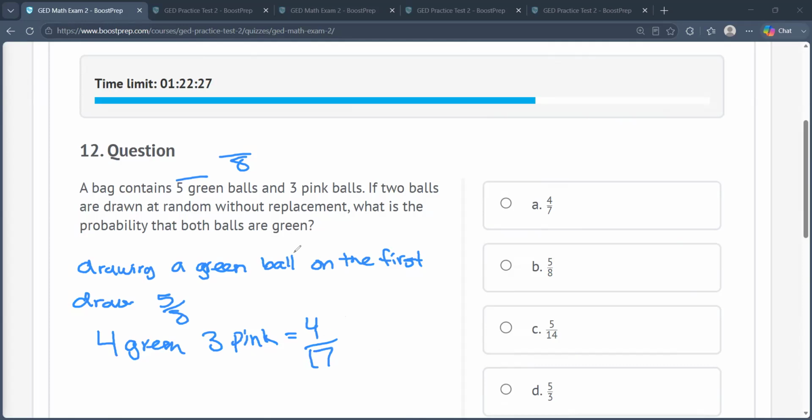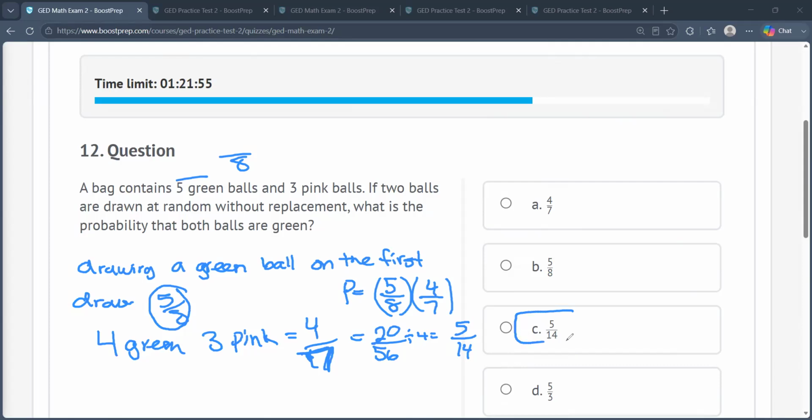So to find the probability of both balls being green, you multiply the probability on the first trial, which is 5/8, times the probability of the second trial, which is 4/7. When you do that, you get 20 out of 56, and you divide this by 4, you get 5 out of 14. Okay, so that's letter C.